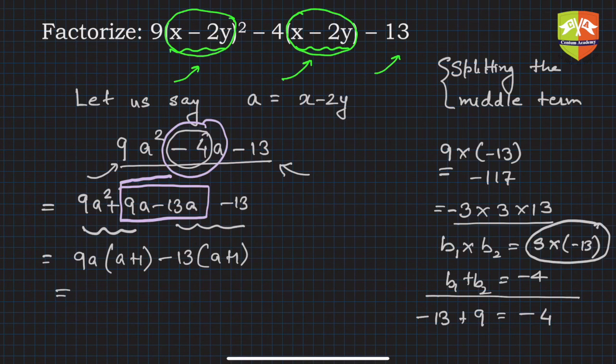So hence the total will be: you take (a plus 1) common, times (9a minus 13).